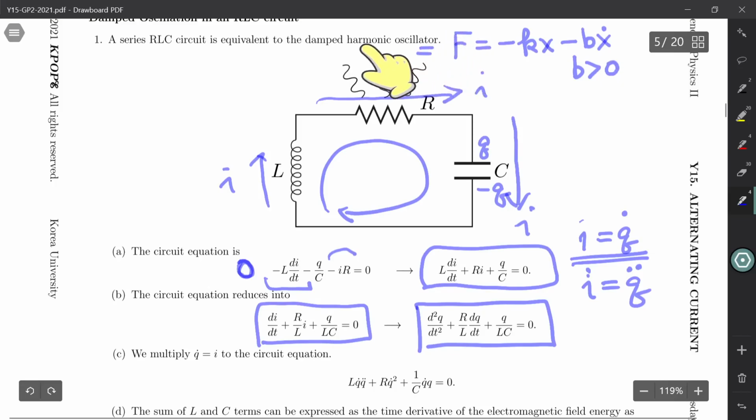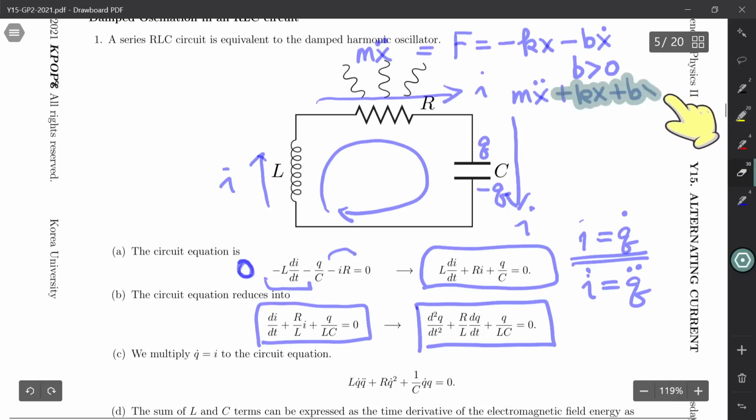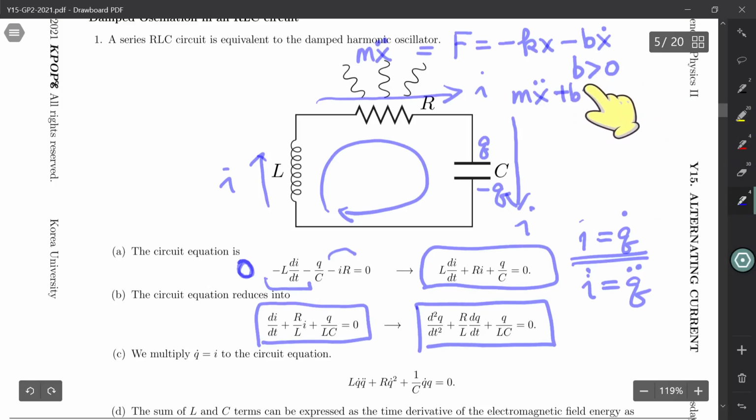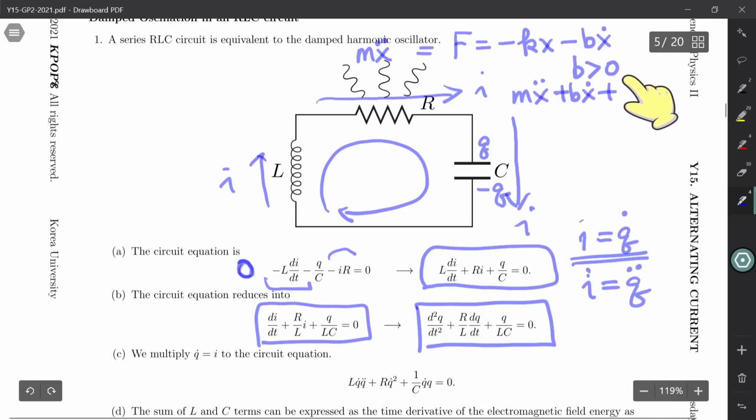F equals ma, so this equation becomes, divide both sides by m.